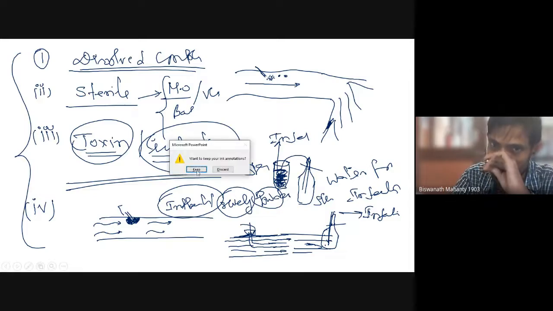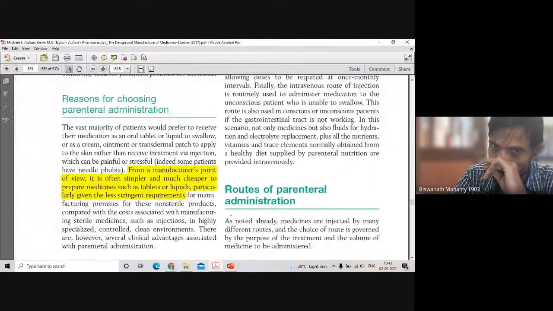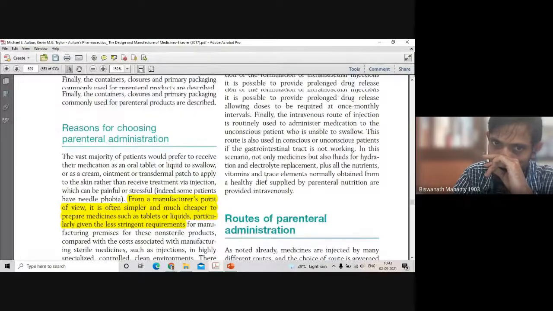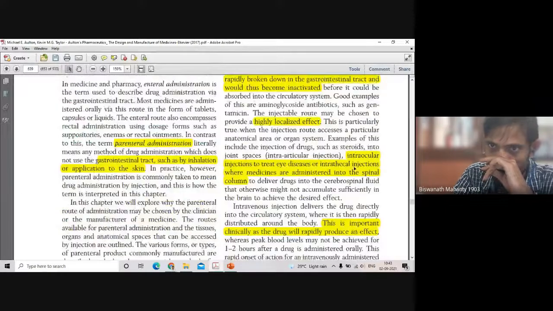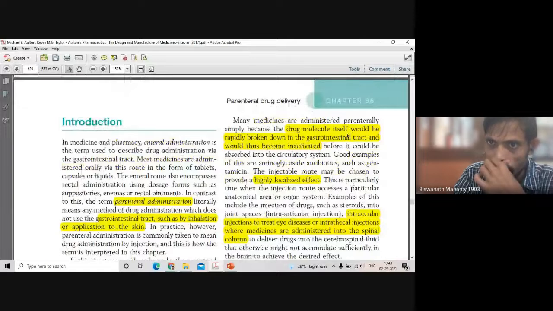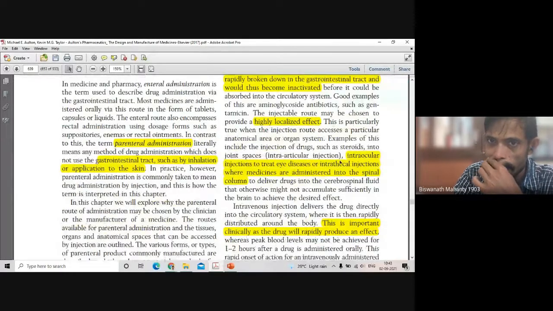I'll come to the textbook so that I can correlate whatever we are talking about. So these are the things we need to know. Okay, the drug molecule itself would be rapidly broken down in the GI tract. Okay, this is an advantage. Highly localized effects can be there. Intraocular injections to treat the eye, I told you.